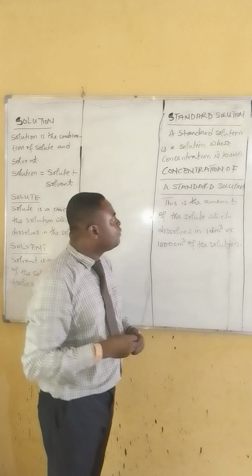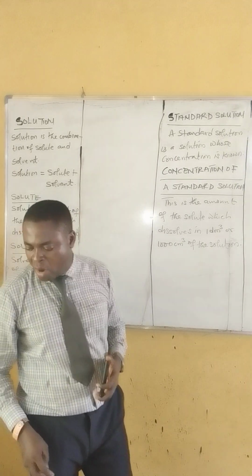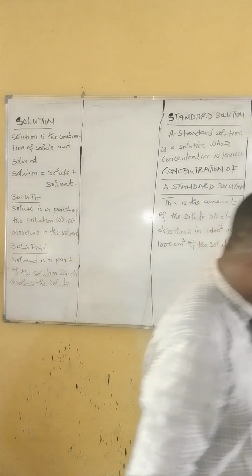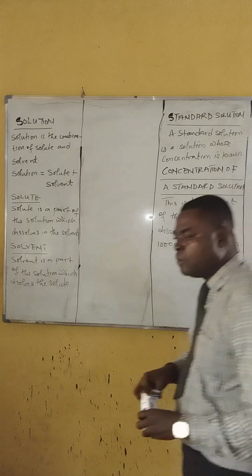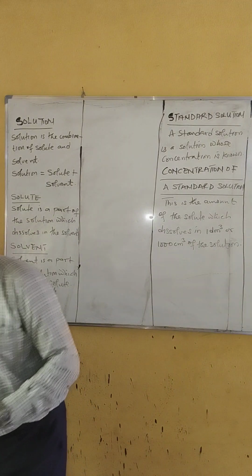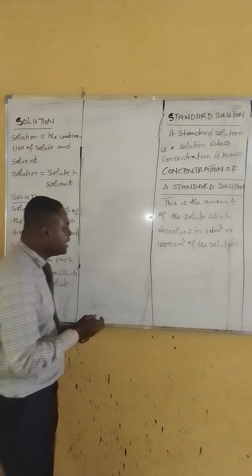So that is what we mean by concentration. The amount of the solute that will dissolve in 1 dm³ or 1000 cm³ of the solution. And that is concentration.